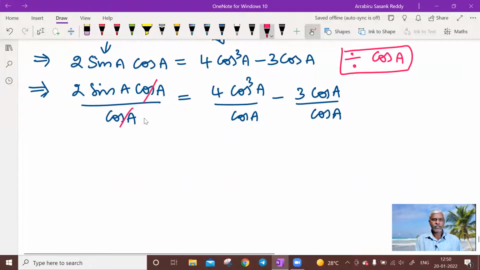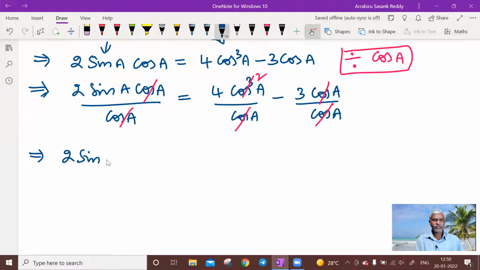So cos will get cancelled. Cos and here cos square will remain, cos cube by cos A. So 2 sin A is equal to 4 cos square A minus 3.